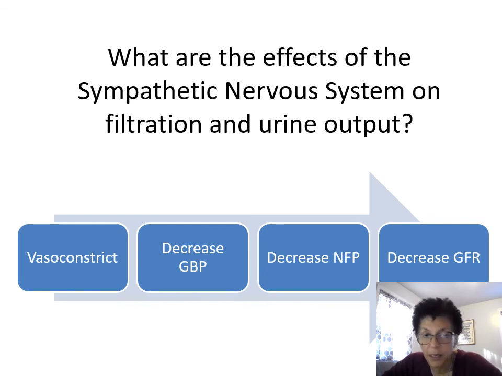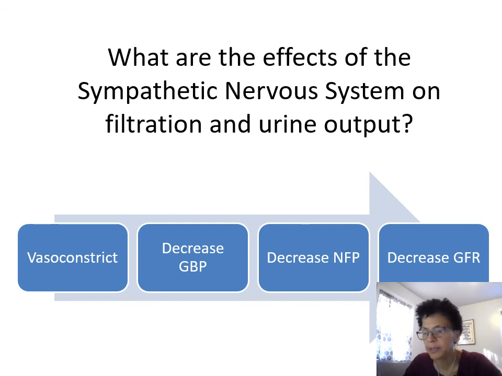Sympathetic nervous system works the same way in every single blood vessel in your body. If you fire off some sympathetic nervous system action potentials to this afferent arteriole, you're going to constrict it, which decreases GBP, decreases NFP, and decreases GFR. If you stop, then the reverse starts to happen, like if you're in parasympathetic mode.